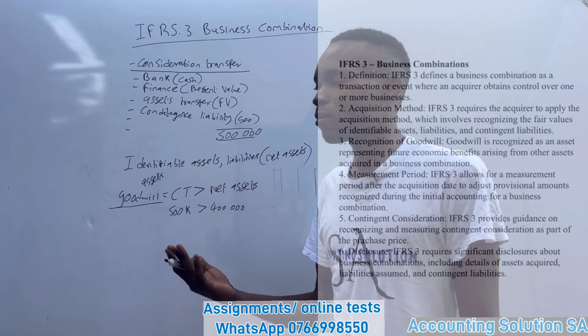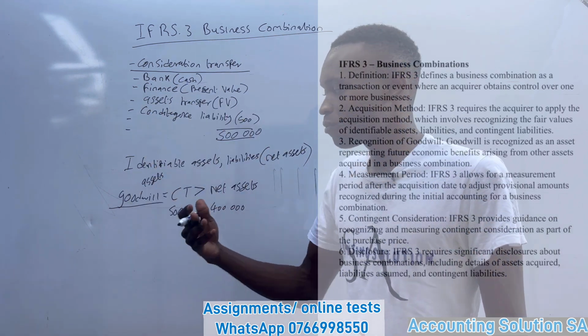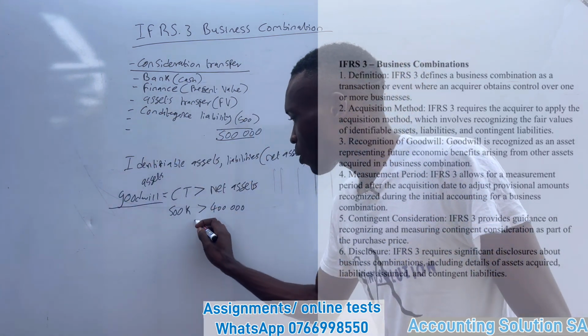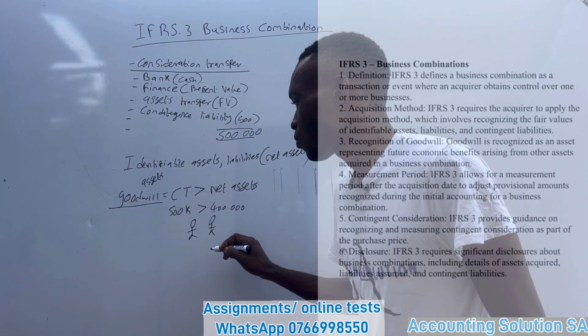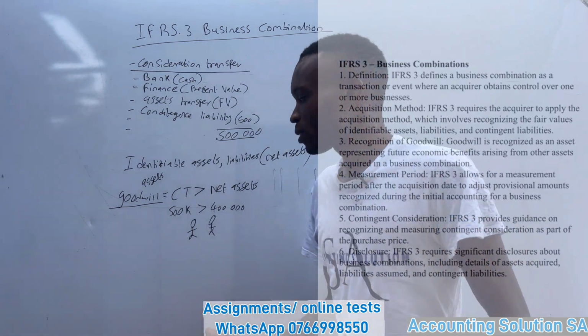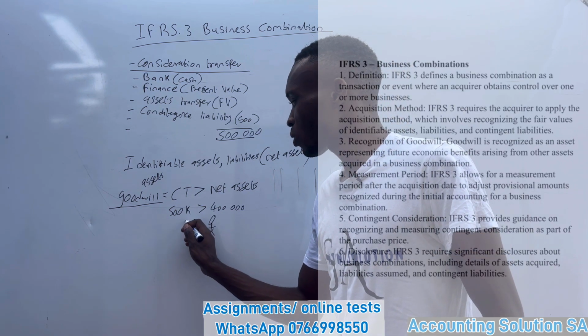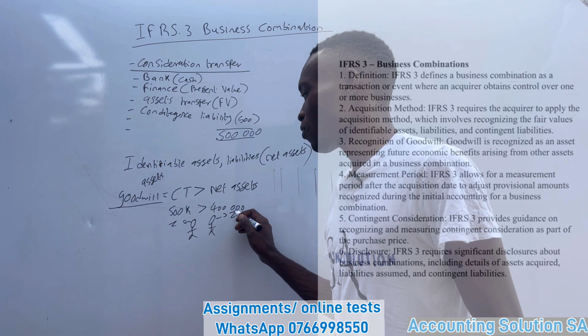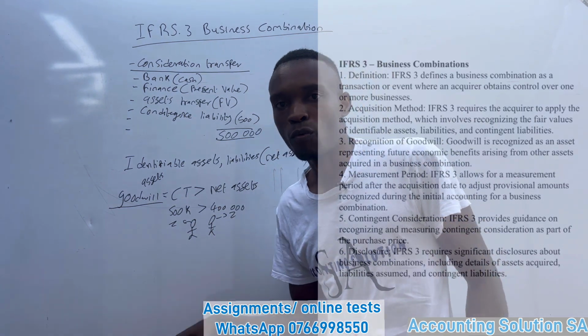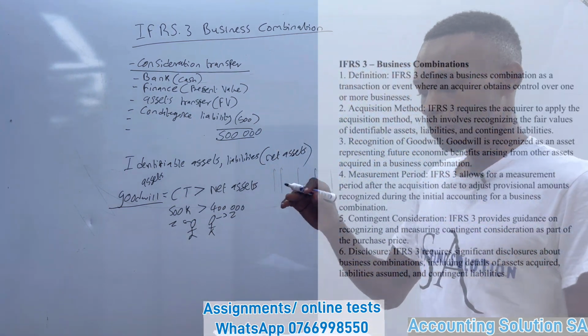This is not a gain, but there is a future economic benefit, because two businesses now are going to combine, which means that they are going to help each other. If we used to have two computers plus maybe another two from this side, now we are going to have four, which means that there is a future economic benefit.